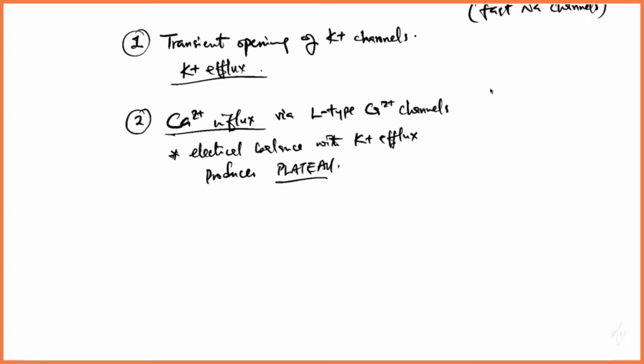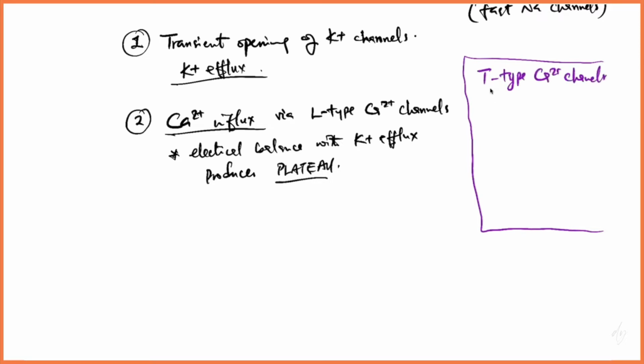We just mentioned the L-type calcium channels. Do you remember the T-type calcium channels? We have T-type calcium channels, and there's one specific area where you need to remember them, and in particular medication that inhibits T-type calcium channels.